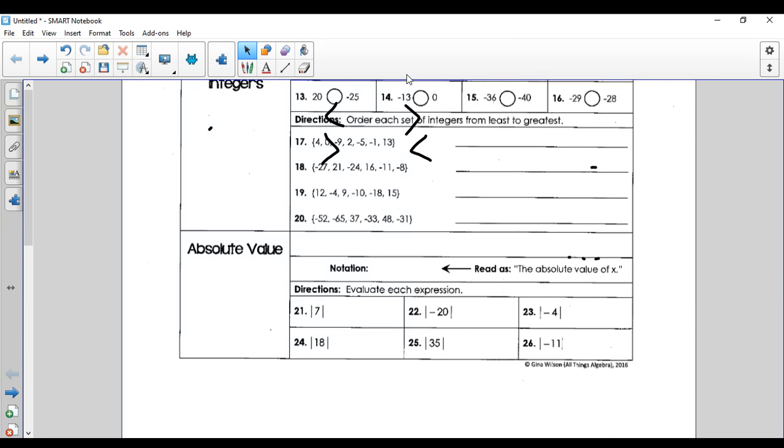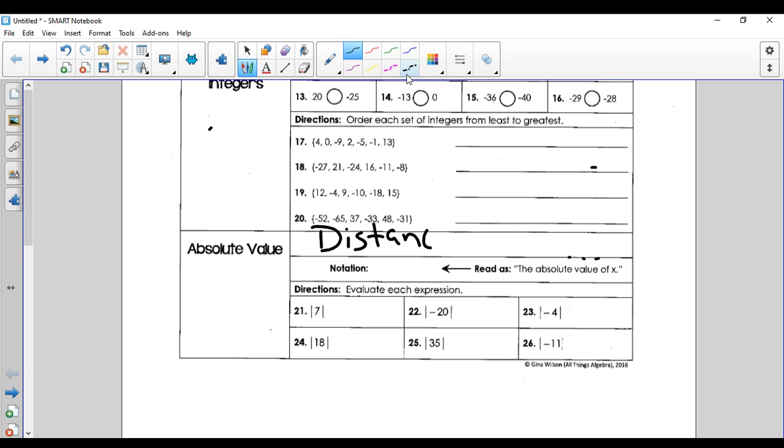For absolute value, so all absolute value is the distance from 0 on a number line. So put that here, distance from 0 on number line.